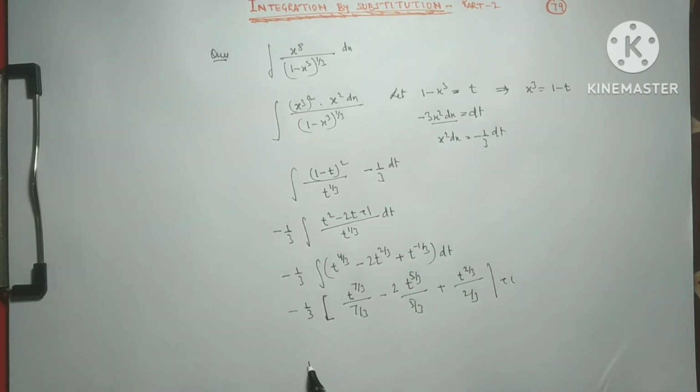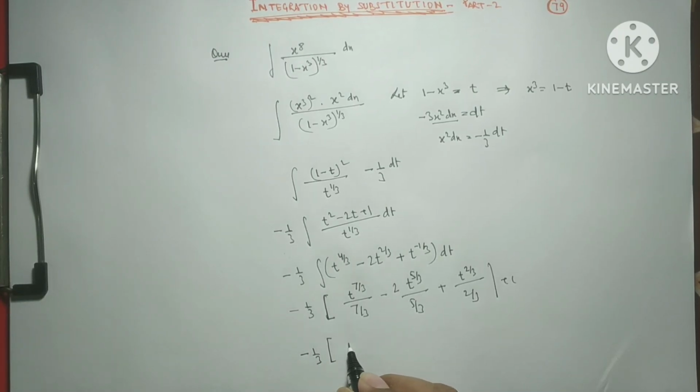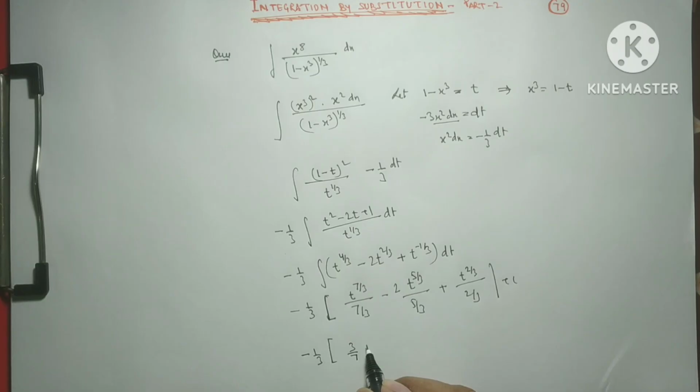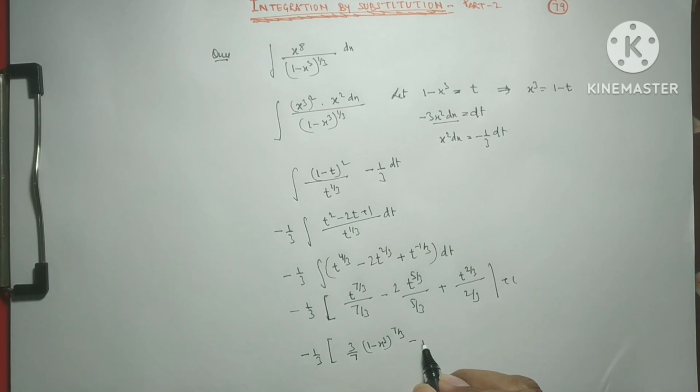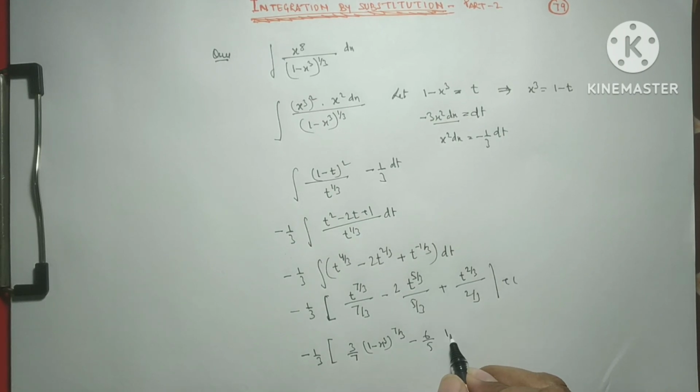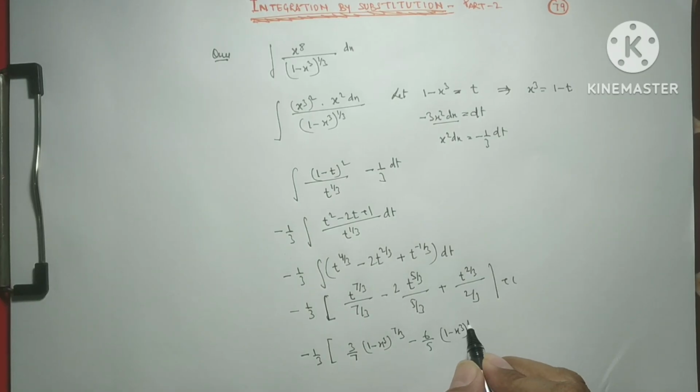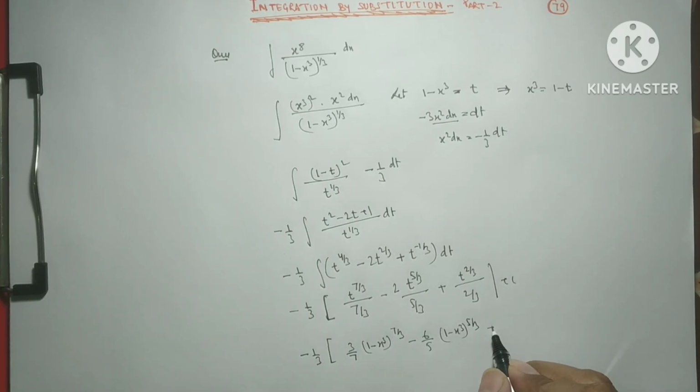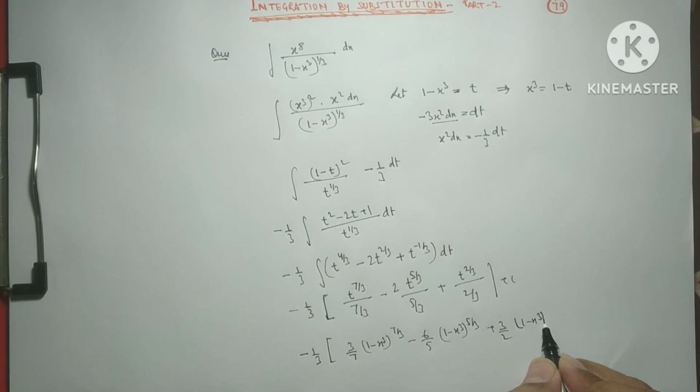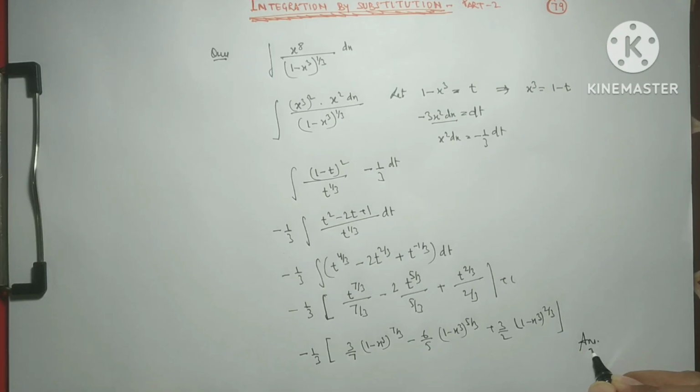So we get minus 1 over 3, it is 3 by 7 (1 minus x cube) to the power 7 by 3, minus 6 by 5 (1 minus x cube) to the power 5 by 3, and plus 3 by 2 (1 minus x cube) to the power 2 by 3. Right now the integration is done.